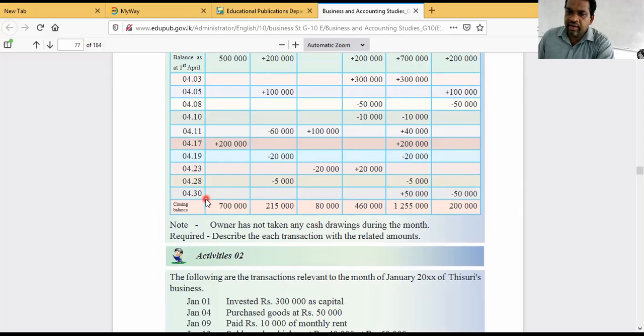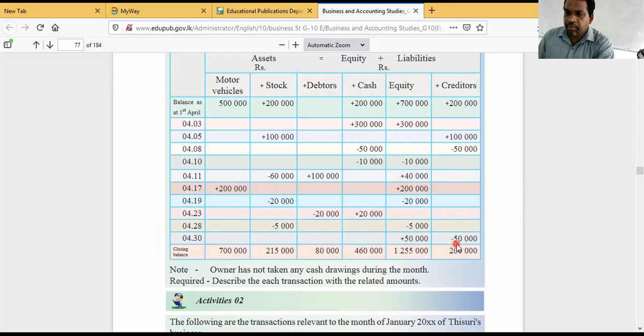Next transaction, 30th April, plus 50,000 equity, minus 50,000 under creditors. Sometimes the owner may settle creditors' due amount by using his or her personal money. Then it is equal to introducing additional capital. It will increase equity.